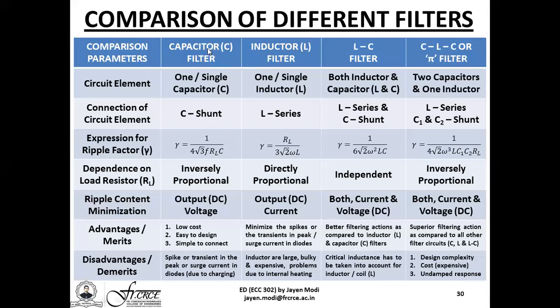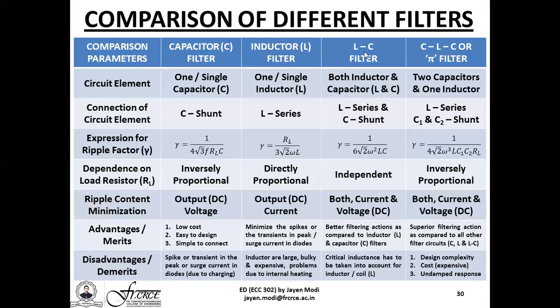The only drawback for the capacitor or the C filter is the spikes or transients resulting due to the surge current in the diodes. This happens because the capacitor will charge rapidly. Inductors typically are very large, bulky, expensive, and they have problems due to internal heating as well.